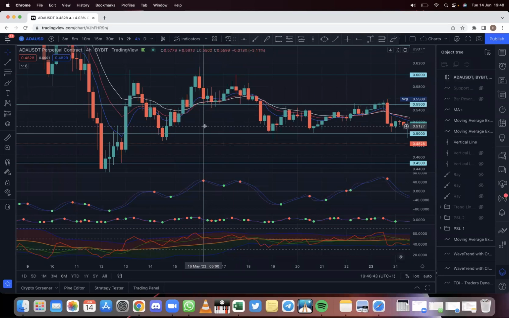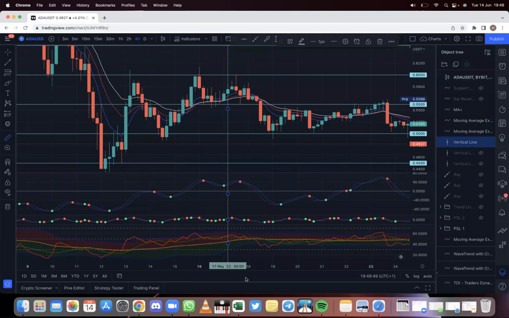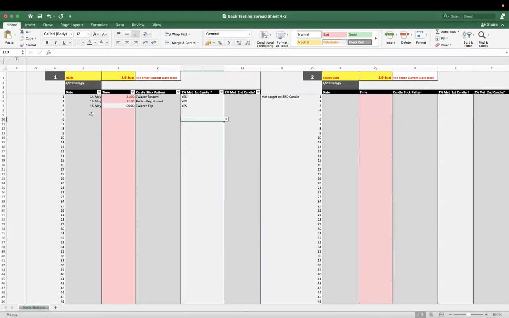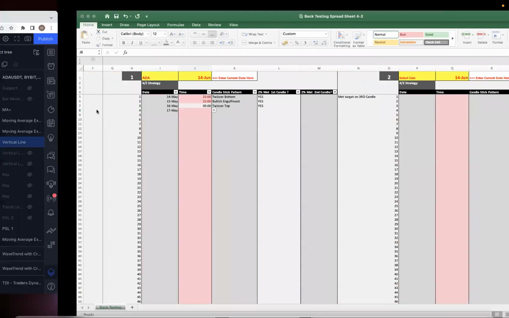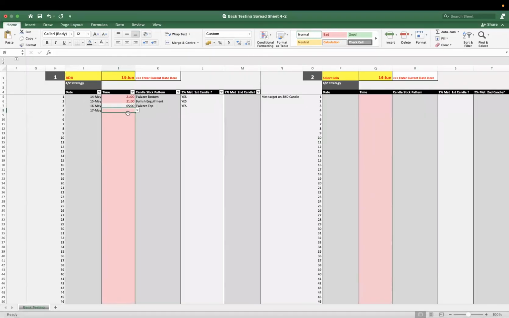So the question then is, when we went into this candle, did we get our 2%? So the date is 17th May 2022. So it goes 17th, 05. The date was 05 again.